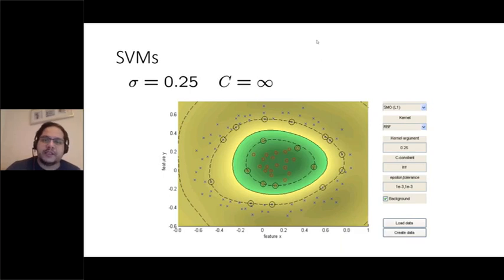It's not something convex between C and sigma, where you improve one and then move on to the other. It's not always like that. Sometimes one can influence the other, and you need to improve them both at the same time.